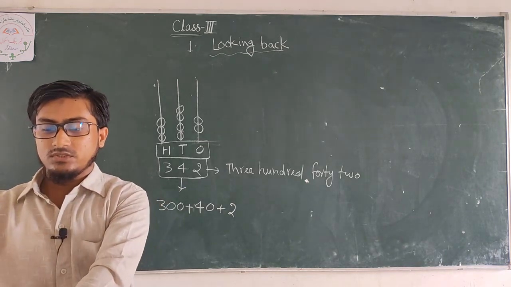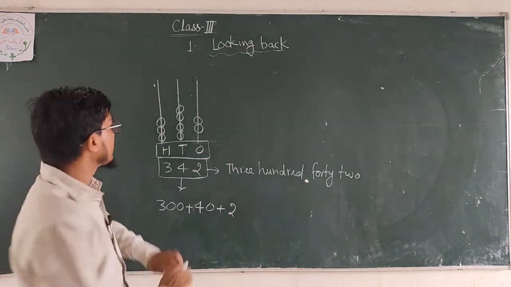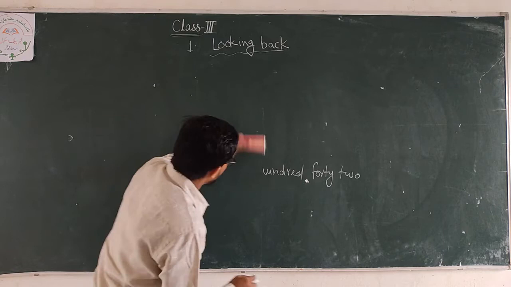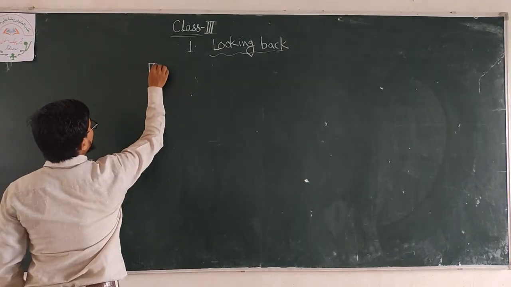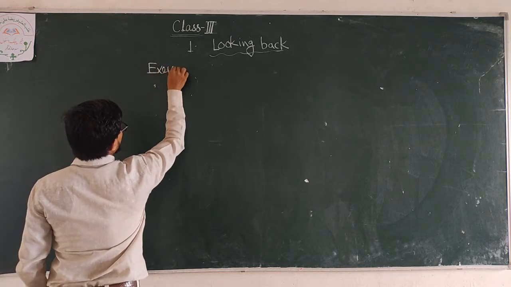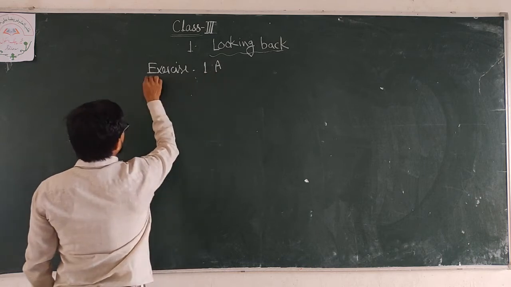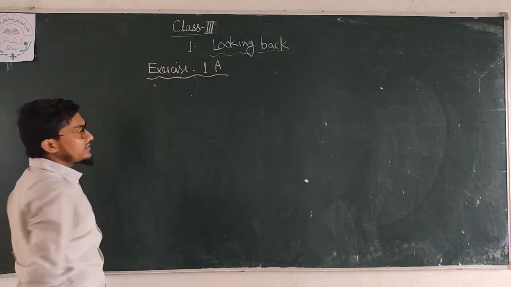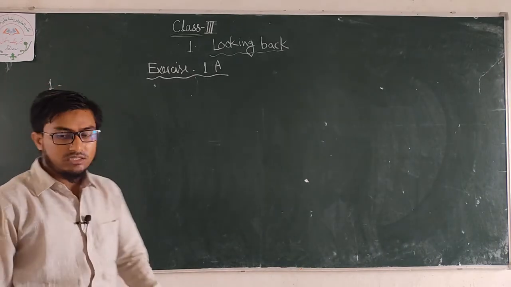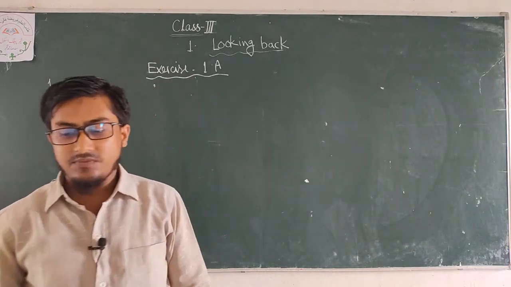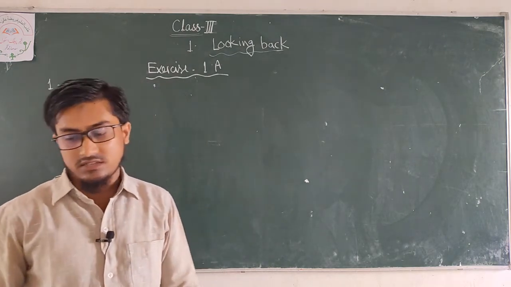Now I am going to start Exercise 1A. The first question in your book, Exercise 1A: draw beads on each spike to represent the number given below the abacus.